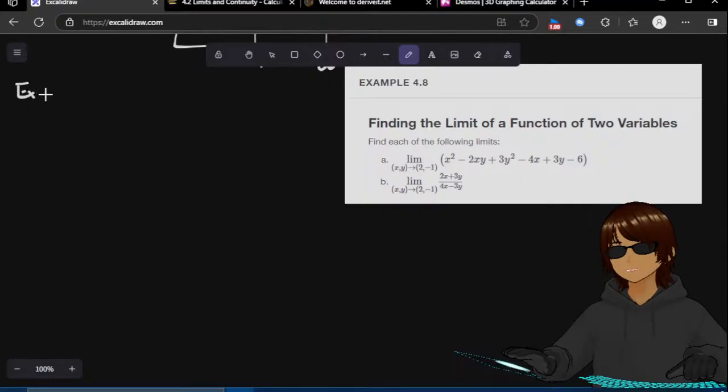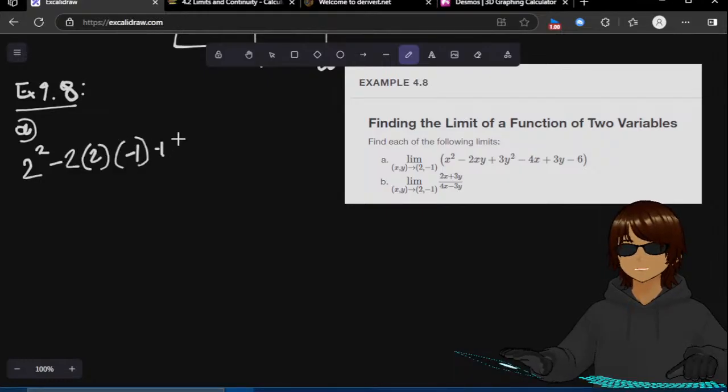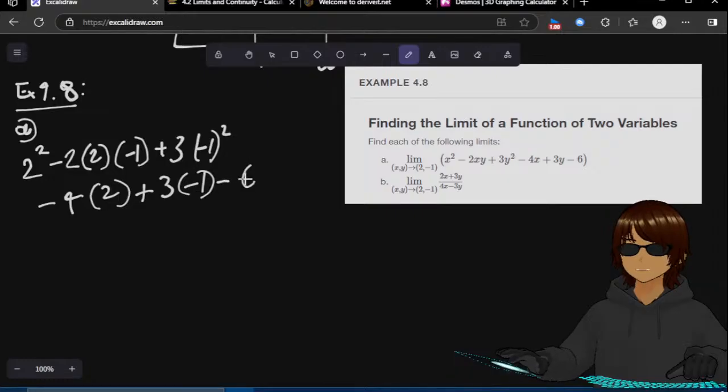Example 4.8. So the limit would just be 2 squared minus 2 times negative 1. Just substitute the values, right? Using the limit laws. Minus 4 plus 3 minus 1, then minus 6.